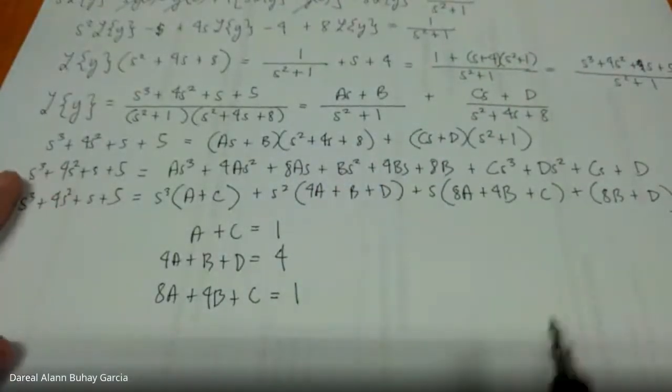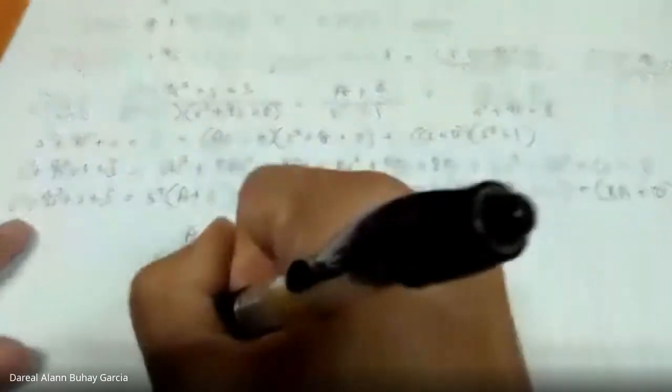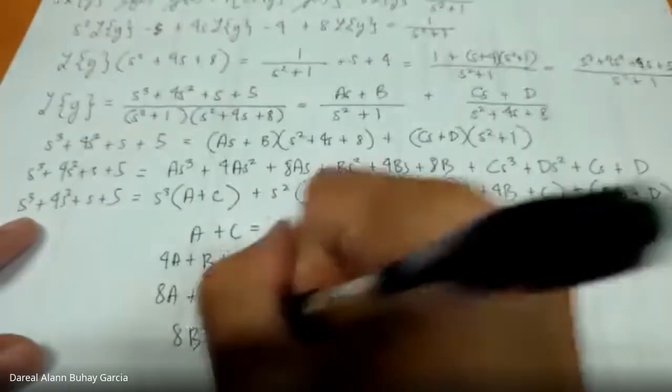And last but not least, 8B plus D is equal to 5.